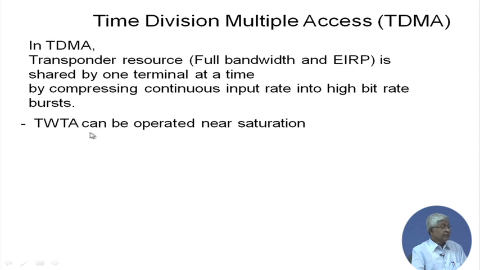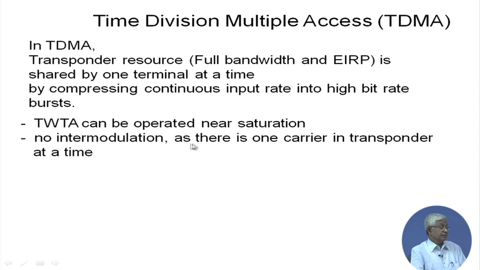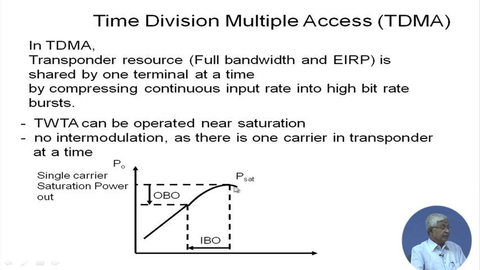Operating the TWTA near saturation means you can increase the coverage contour, or the G by T of the receive stations can be reduced. So, there is no intermodulation, only one carrier is present at a time, and you are not operating in the back off. This is the nonlinear region, and you are operating at the saturation point, single carrier saturation power.